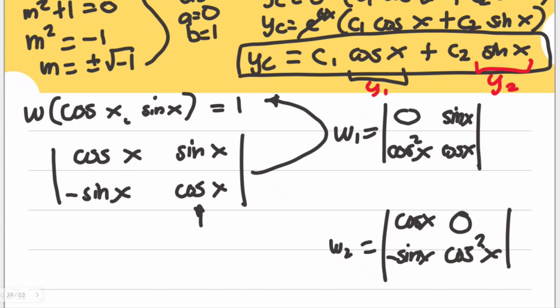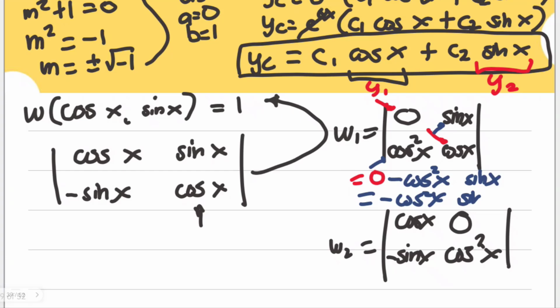Okay, so we simply solve for the Wronskian of each, which of course follows this idea, multiplying that, but that's just equal to 0, and then multiplying this. So you'll have here minus, take note, that's the different diagonal, cosine squared of x times sine of x. In short, our final W sub 1 is negative cosine squared x sine x.